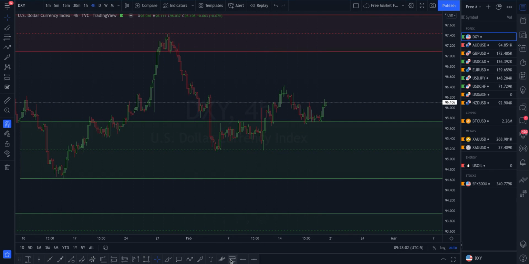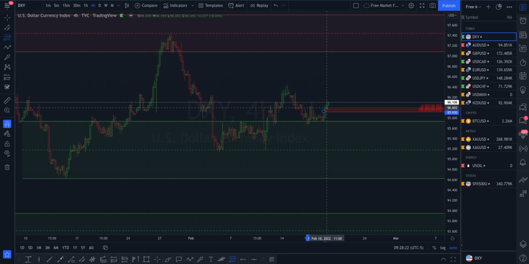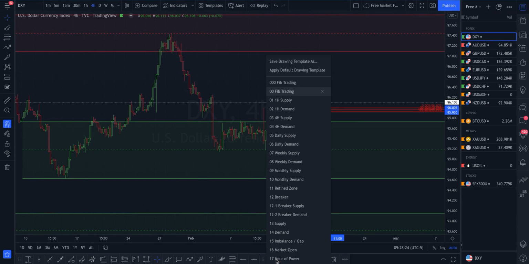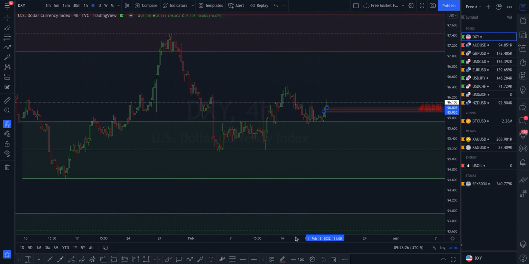First up, let's take a look at the imbalance on the downside, as far as the 4-hour demand zones that we can possibly see price retrace back down to and push up. First up, I immediately see imbalance here. I'm going to change this over to my purple imbalance color. I immediately see imbalance here.